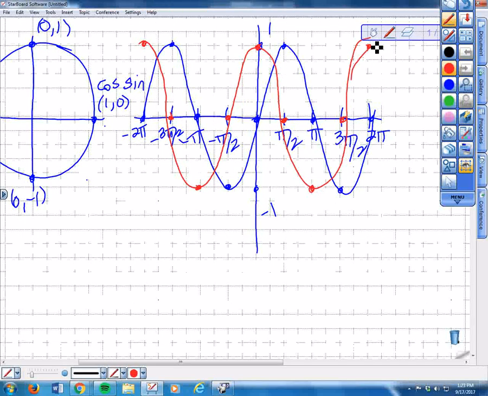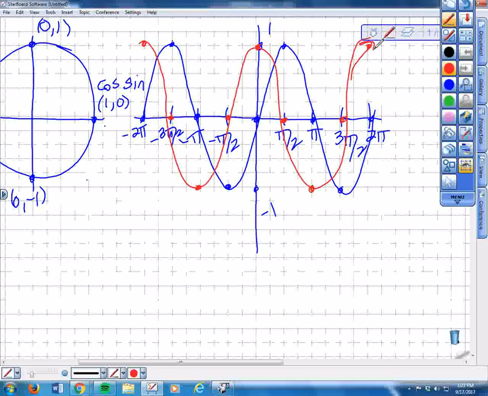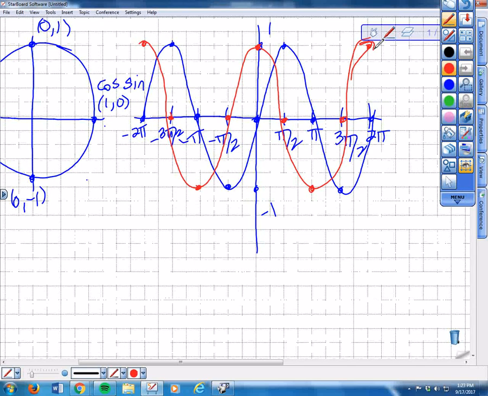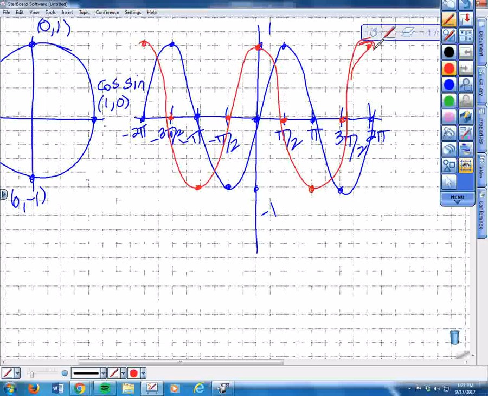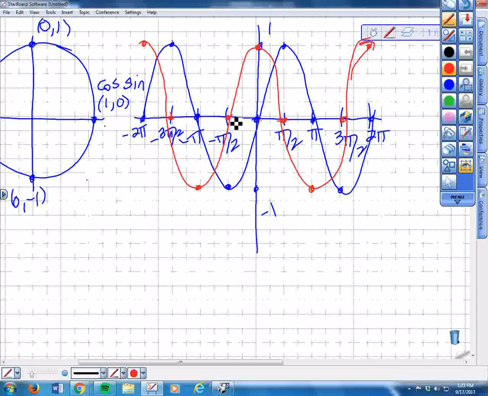Something like that, going on forever. So basically, sine and cosine are the exact same curve, just one is shifted pi over 2 from the other. If I took this point and shifted it pi over 2, I'd end up here. And it's actually shifted what? Negative pi over 2.